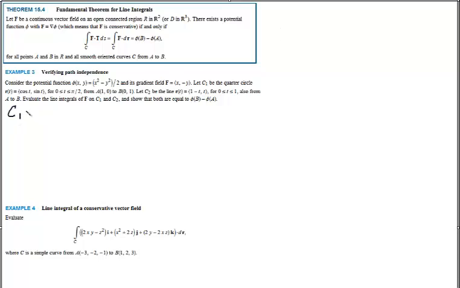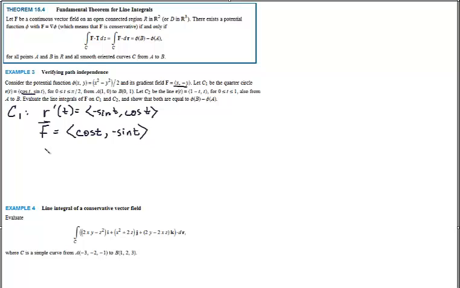So for C1, I need to find r prime of t, and this is going to be taking that derivative of my r, that is just minus sine t, cosine t, and my f vector is then going to be equal to cosine t, because f is x and then the minus y, so that's just going to be cosine t and then minus sine t, just using these points and this here.